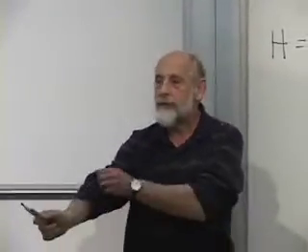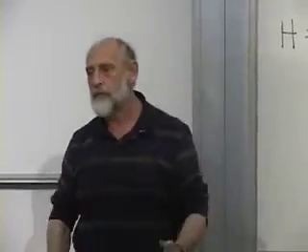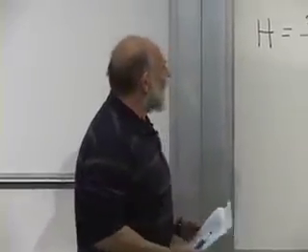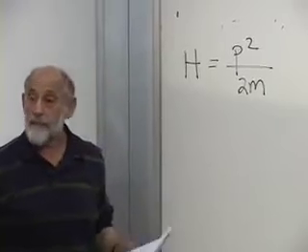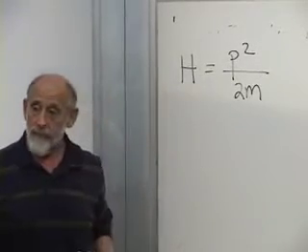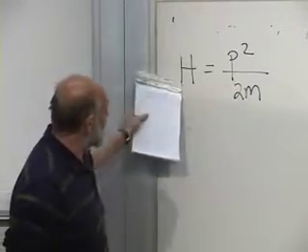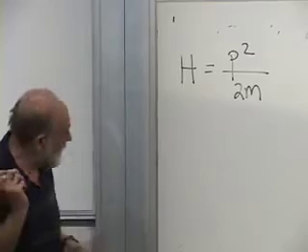We expect that the energy of a particle moving to the left with a certain momentum is the same as the energy of a particle moving to the right with the same momentum. And so it makes a lot of sense to say that it's proportional to p squared and not p. If p was here by itself, then the energy would be opposite for positive momentum and negative momentum.